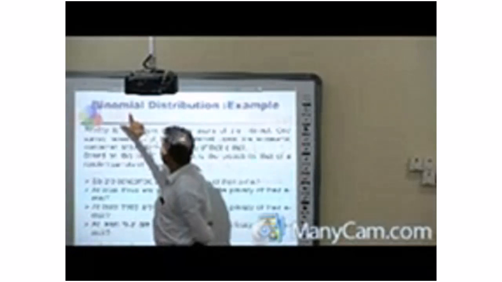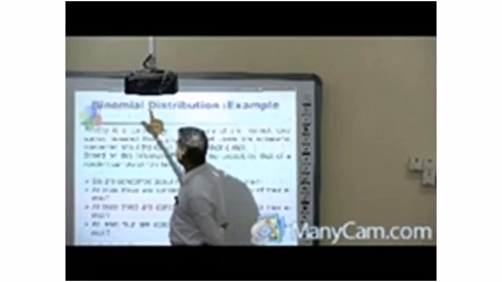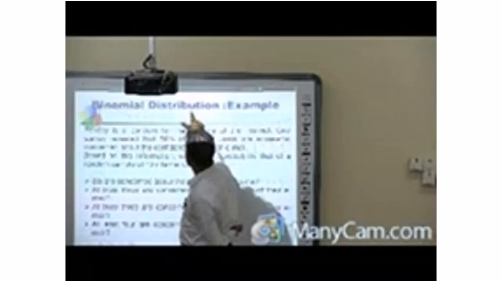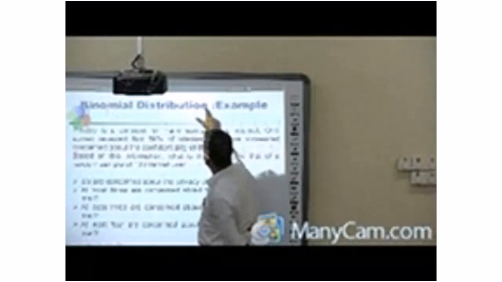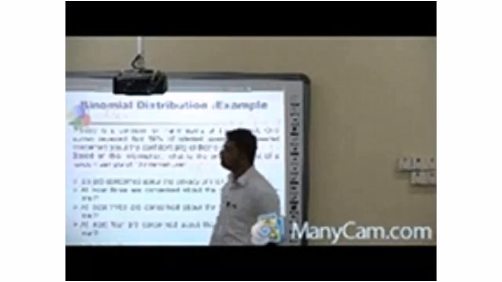Probability of X exactly 6 are concerned, exactly 6, right? Then if you convert that formula, N is 10, nCx with X is 6, nCx times P, 0.59 to the power 6, X is 6, times Q, 0.41 to the power n minus x, 10 minus 6.